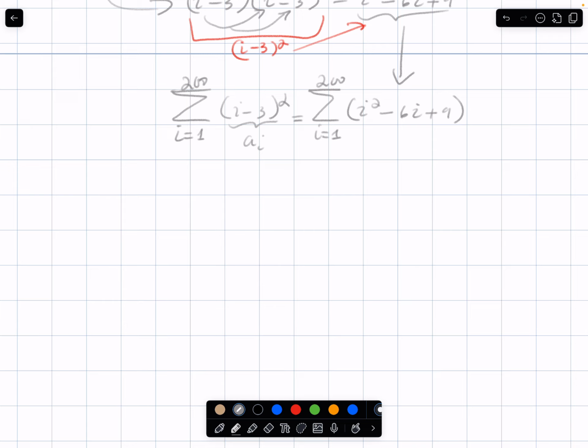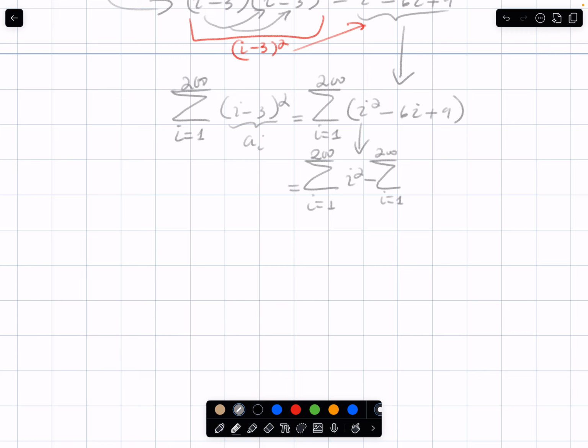So this then will be the summation of I equals 1 to 200 of I squared minus the summation of 1 all the way to 100.